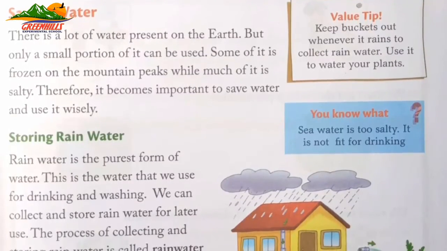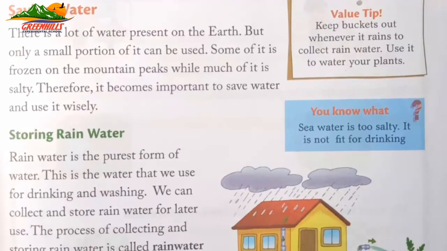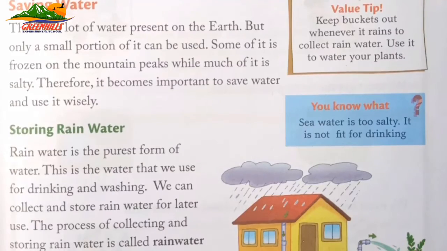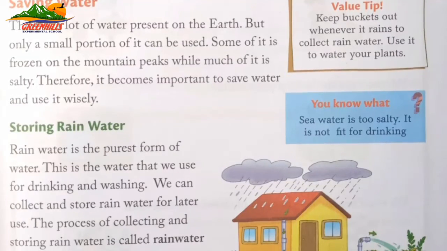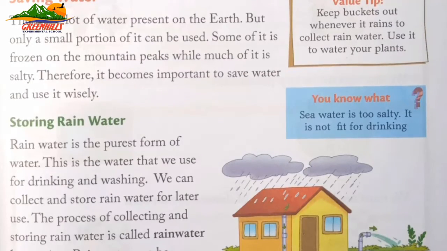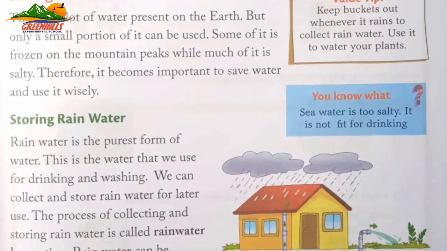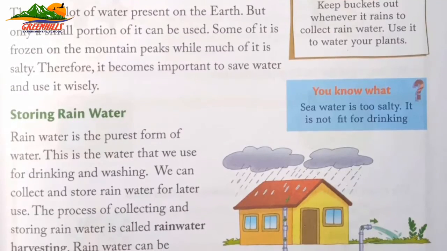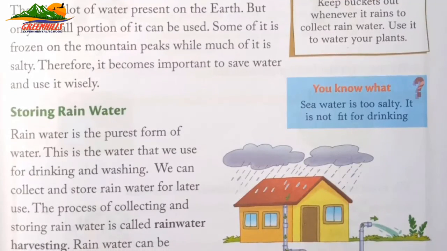Now, dear students, look at the box. Value tip. Keep buckets out whenever it rains to collect rainwater. Use it to water your plants. Now, you know what? Seawater is too salty. It is not fit for drinking.